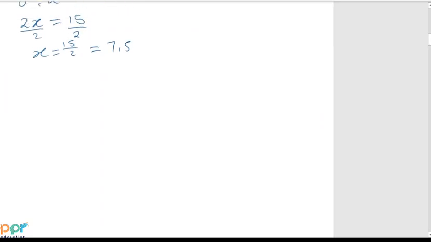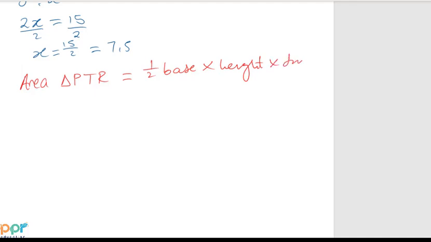It's in the area of a triangle PTR izolingana no half base times height times sine angle 63.43 degrees. Now, if base yakho ilama side amabili unawo ne height kanjalo.